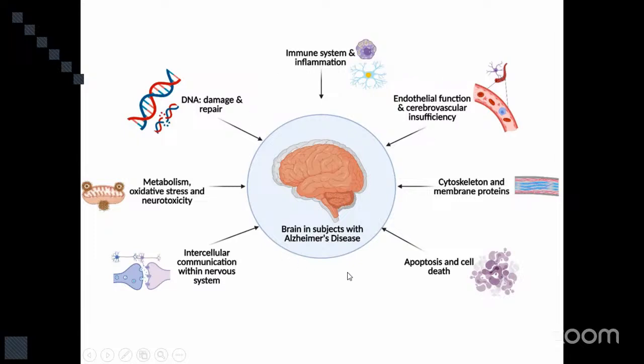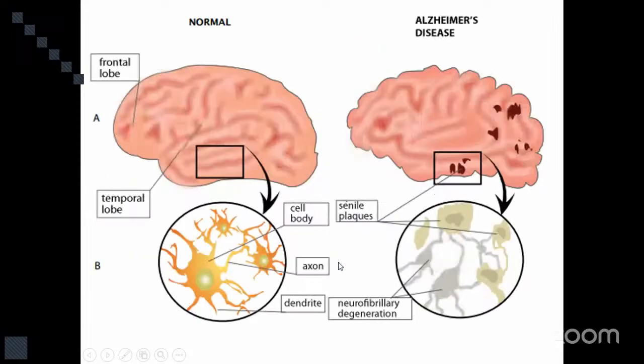All these things can actually lead to Alzheimer. And don't forget, these are things that could be caused by the environment interacting with the genes. But the resultant effect is what you are seeing as the brain in a subject with Alzheimer's disease.